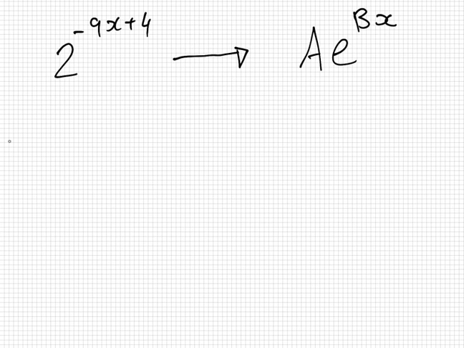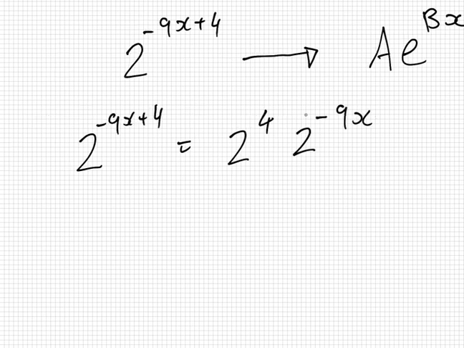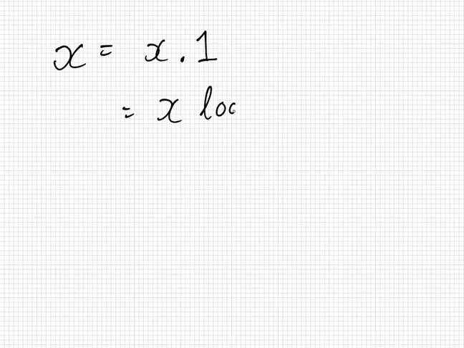So now how do we rewrite it? Well, first what I'll do is I'll at least split it. So this is 2 power 4, 2 power minus 9x. So that's the first thing I'll do. Then secondly, I'll go back to this in a moment, but I just want to give you a result here. If you think about it like this, x is the same as x times 1, of course, which is the same as x log e, right?